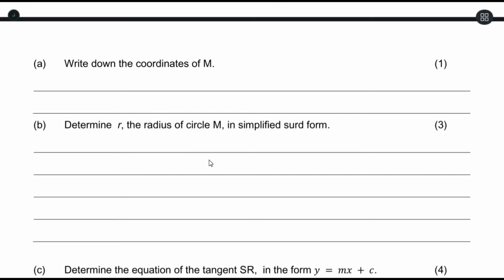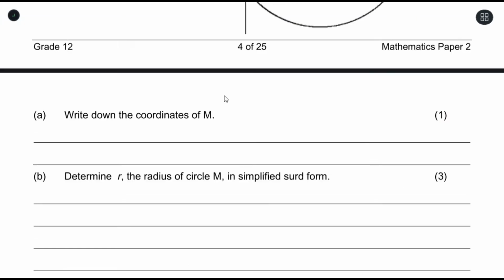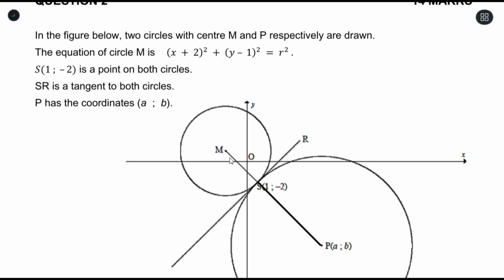So part A, the first question, asks us to write down the coordinate of M. Now M is the center of the circle, right? And we normally get it from here. The equation of a circle when the center is not at the origin actually looks like this: (x − a)² + (y − b)².